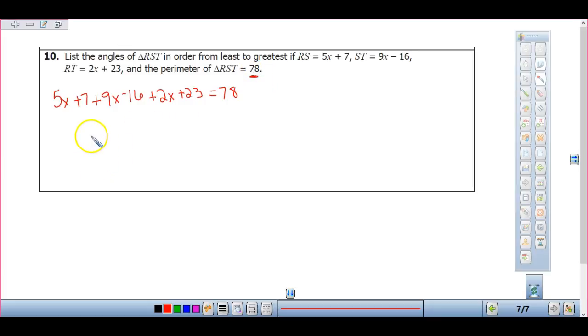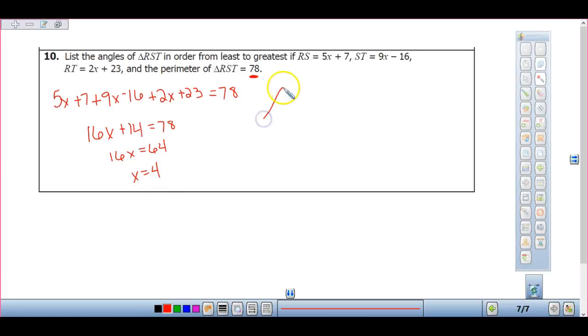So when I put all these together, I end up with 16x plus 14 is 78. 16x equals 64, and x gives me 4.